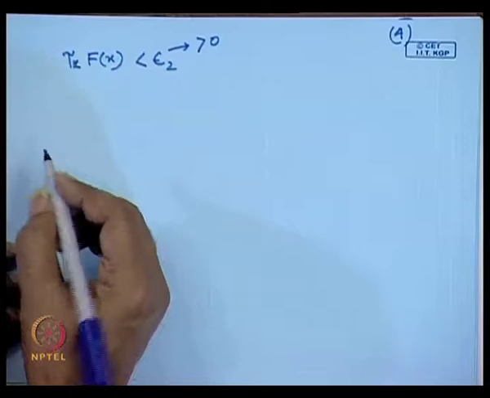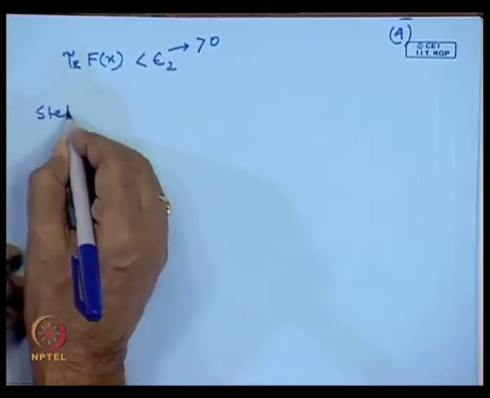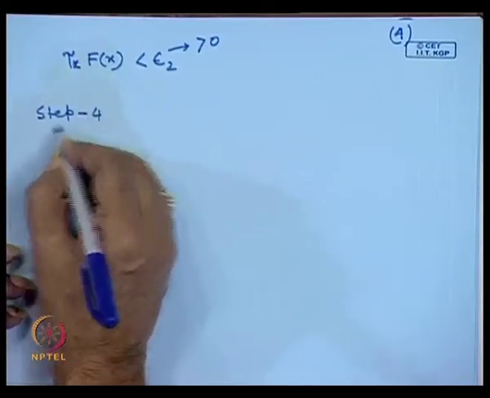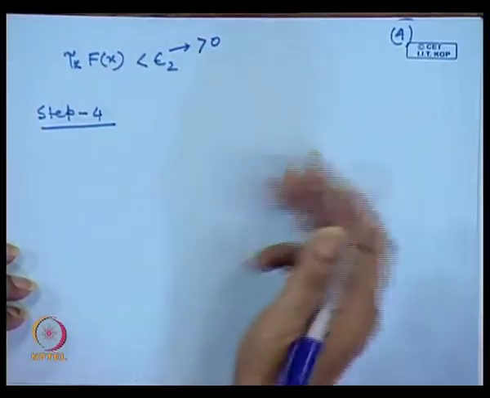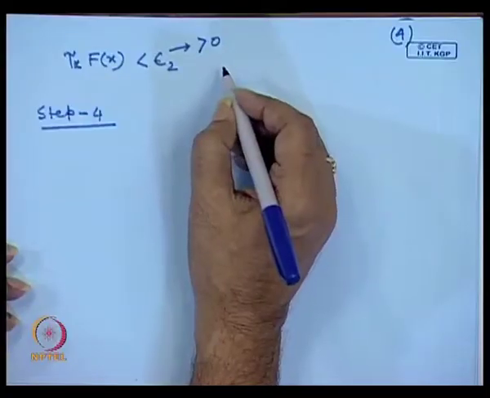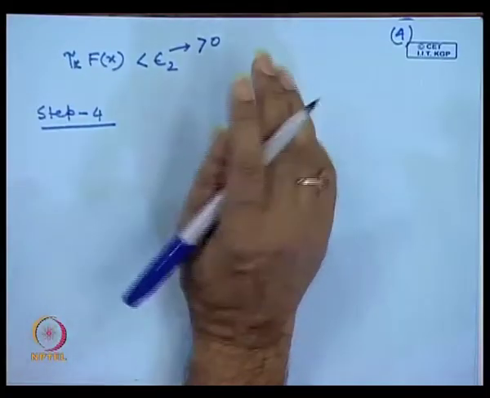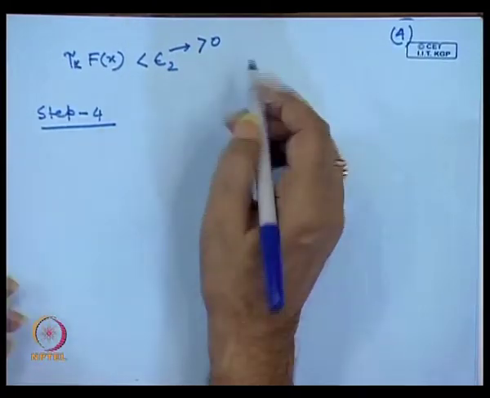So, this and the last step: suppose these two criteria are not satisfied, all the constraints are not satisfied, not feasible region, all points are not in the feasible region, then what to do? That means you have not reached the optimal point.